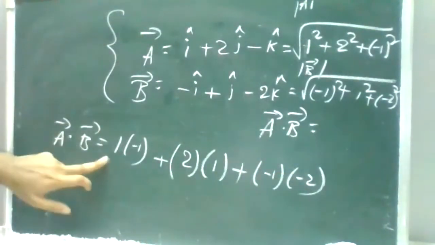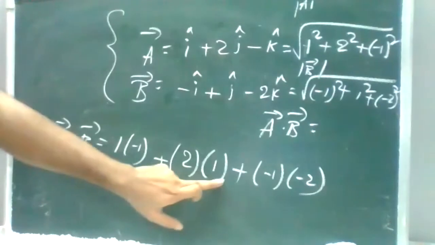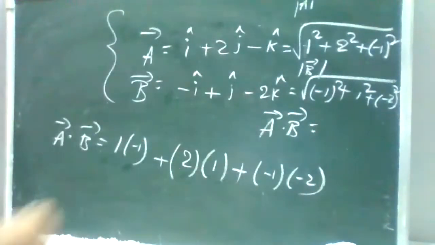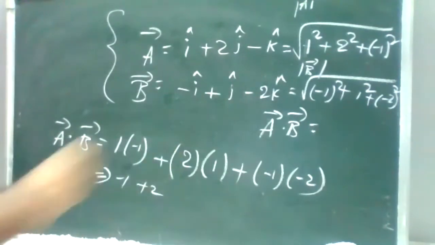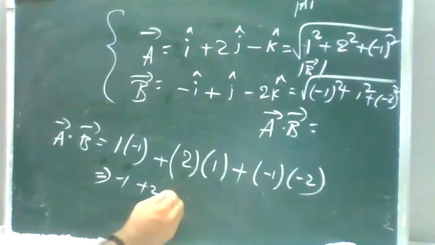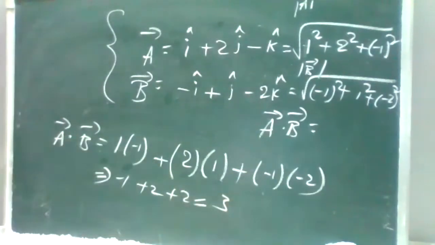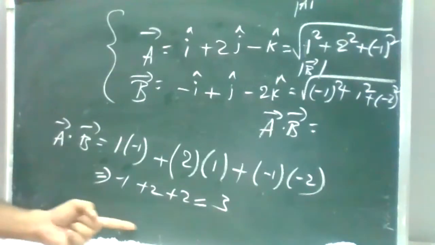That is ax bx, ay by, az bz. So it is minus 1, plus 2 and plus 2, which is 3. So a dot b is 3.